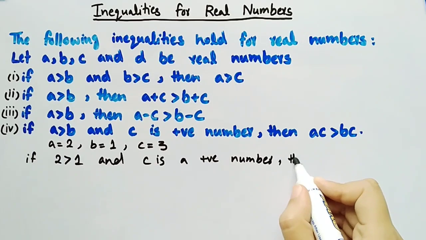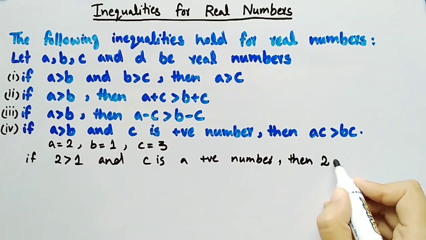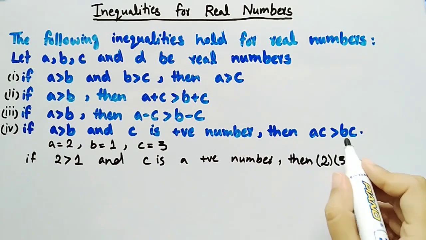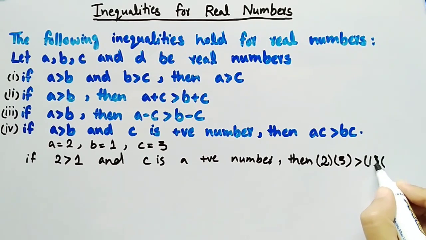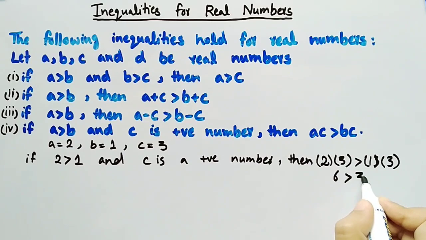Then AC, that will be 2 times 3, is greater than BC, that is 1 times 3. 2 times 3 is equal to 6, which is greater than 1 times 3, that is equal to 3.